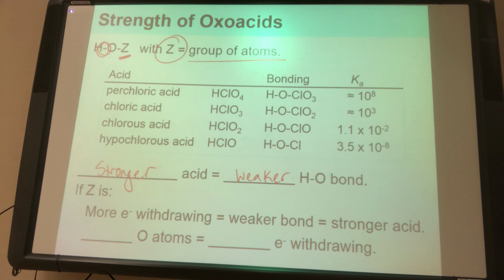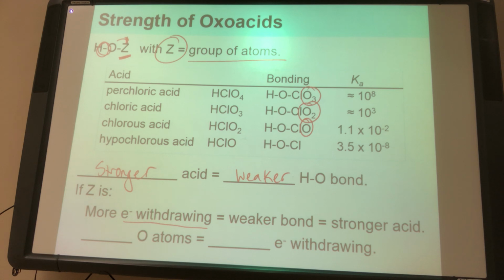The way that I make this bond weak is that I need the electrons to be pulled over here. I need to talk about the electronegativity. But all of these guys are chlorine, so they all have the same electronegativity. The difference, though, are these O's. One has 3, 2, and 1. These O's are what we call electron withdrawing groups, which means they're going to pull over the electrons, because oxygen is electronegative itself.